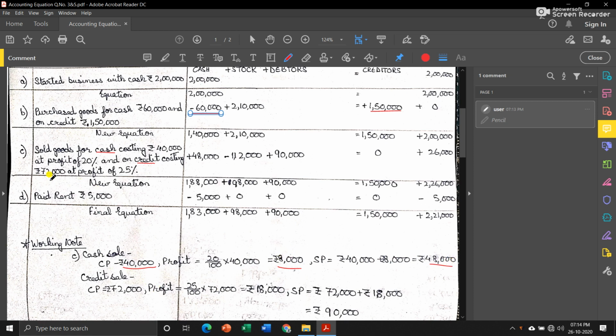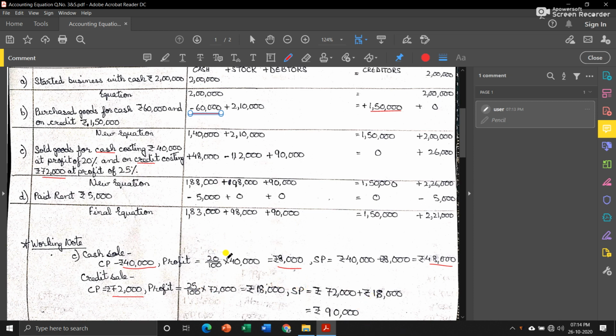Then next credit sale, he sold 72,000 worth of goods, that is cost price is 72,000, at a profit of 25%. So 25% of 72,000 is 18,000. So selling price will be 72 plus 18, that is 90,000.